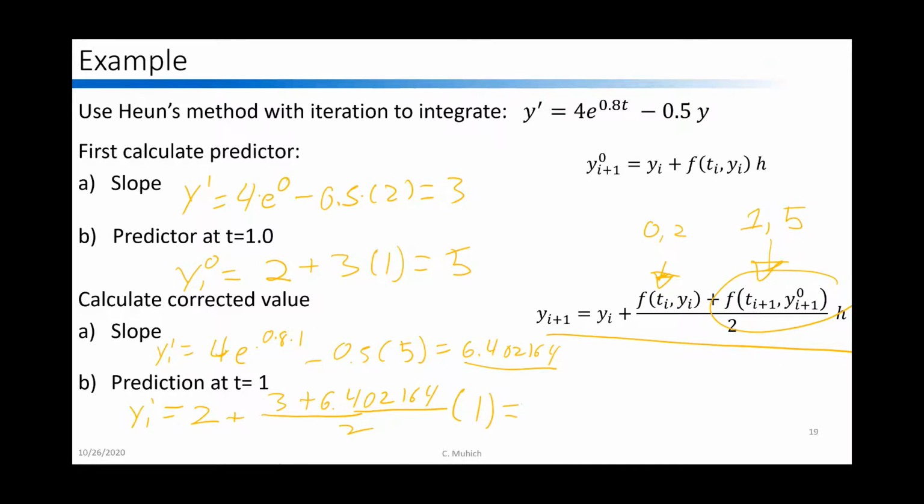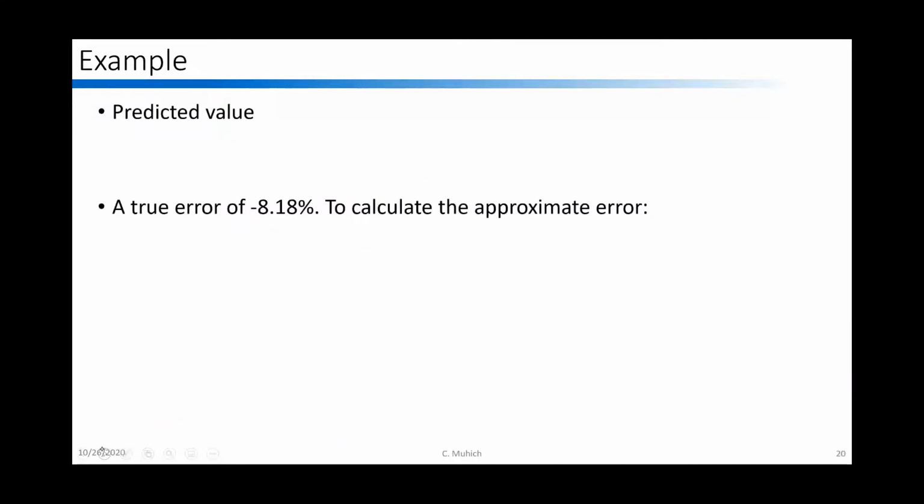And this ends up equaling 2 plus 4.70108. So in the end, my estimated value is 6.70108. We can see that this value is quite different than the predicted value that we had with just Euler's method.